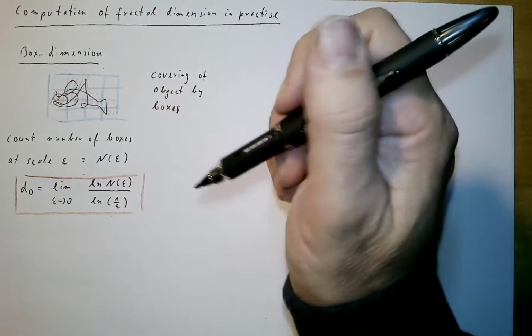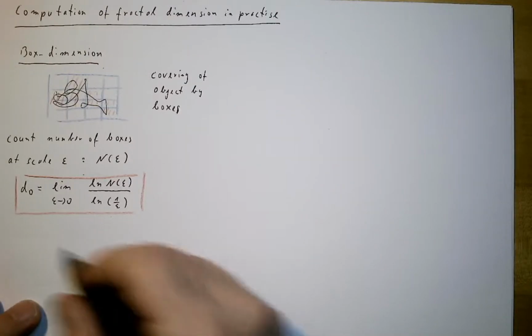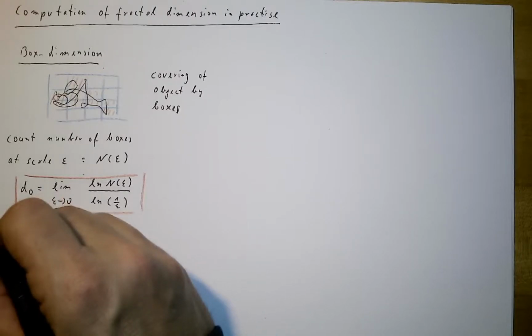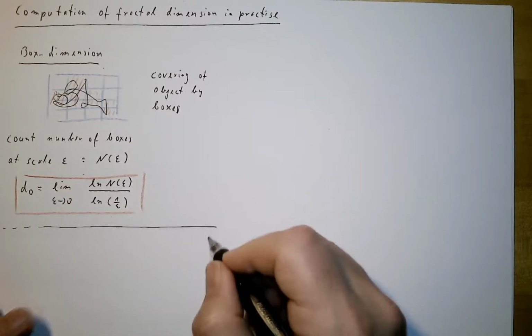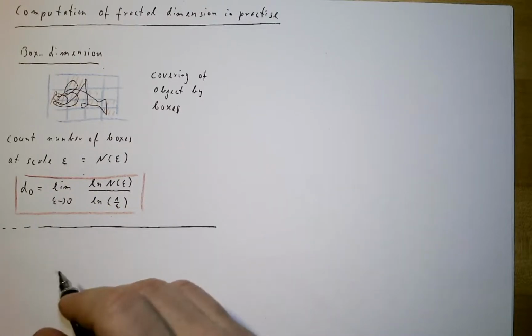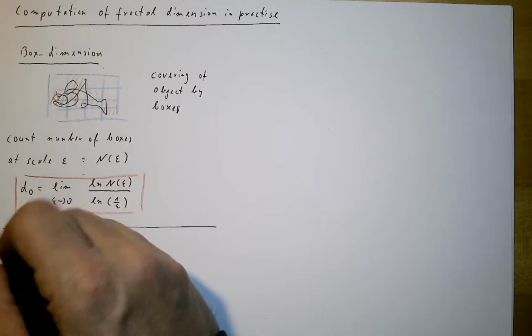Otherwise also our estimate of the dimension is not so good. And so in order to introduce better techniques, let's say we want to measure the fractal dimension of a cloud of points.